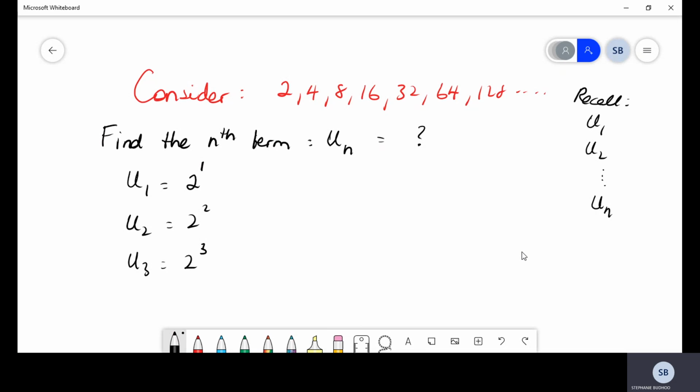When n has a value, you notice that the power has the same value. So by the process of observation, it would imply that the nth term seems to be 2 to the power of n. So by a process of observation, you are able to pick up on that pattern and figure out the nth term of that sequence.